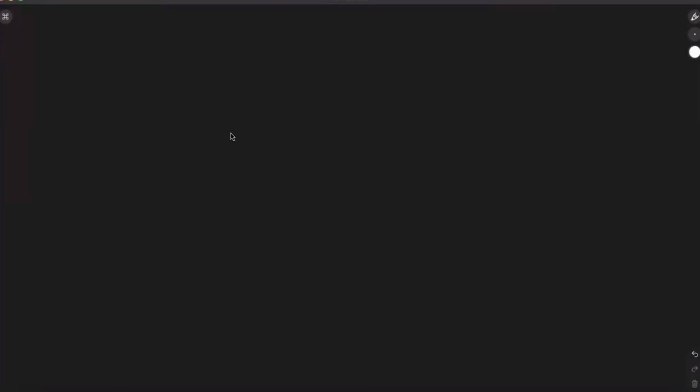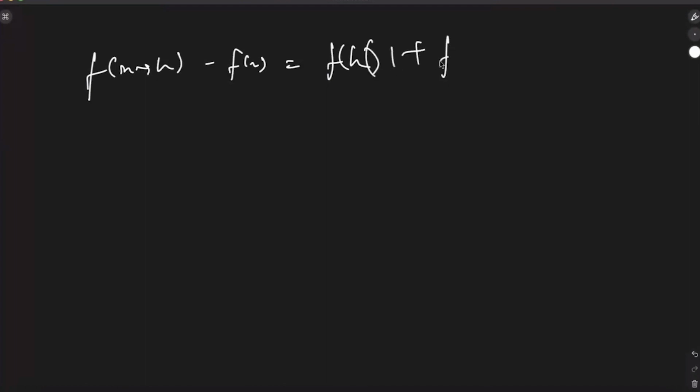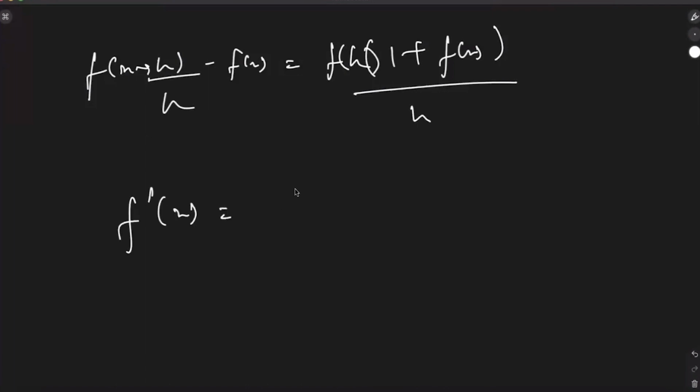Hmm. So I'm starting the solution now. Okay. So f(x plus h) minus f(x) will be equal to f(h) into 1 plus f(x), due to the condition that has been given to us. If I divide this whole term by h, this I can write as f dash of x, and this is f(h) upon h into 1 plus f(x).